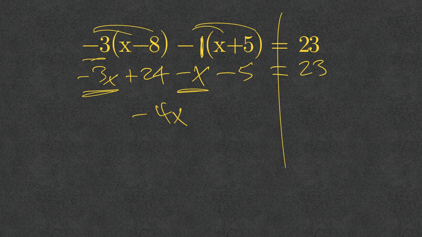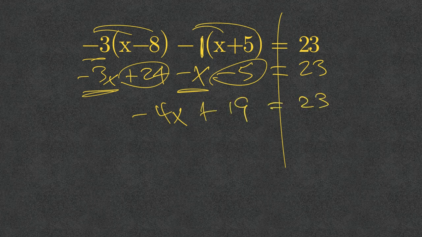A negative plus a negative is going to be a negative. Is there anything else over there that's like? 24 minus 5, which would be? 19. 24 minus 5 gives us the 19.